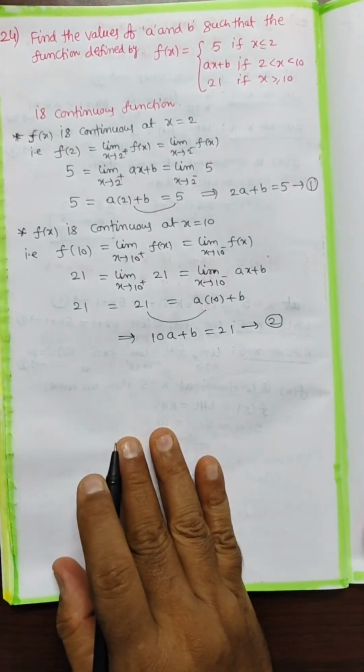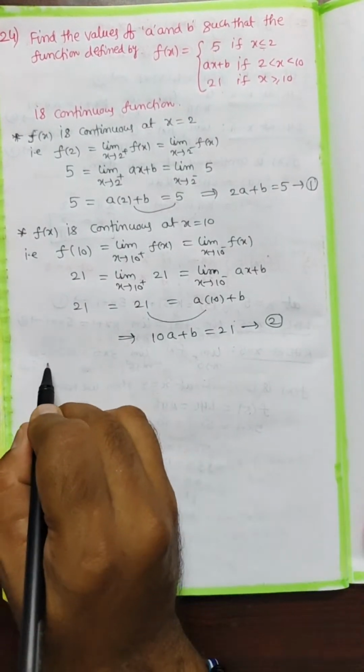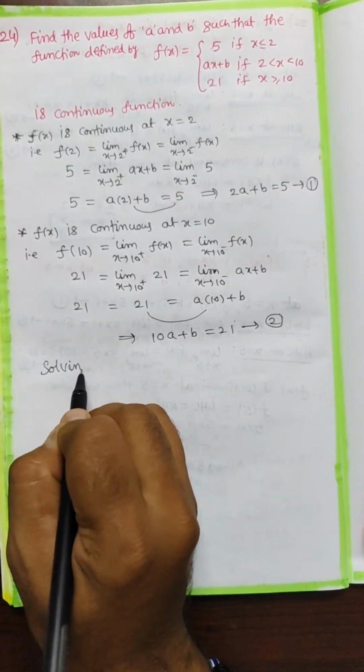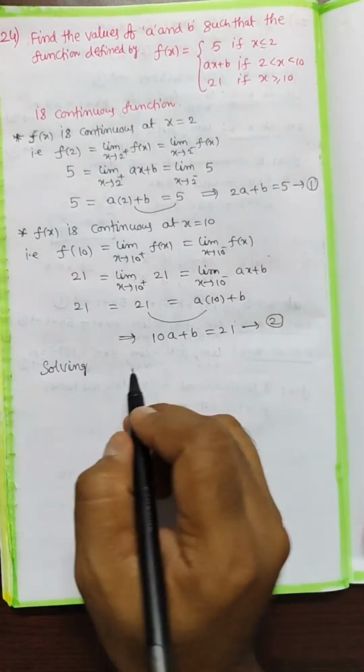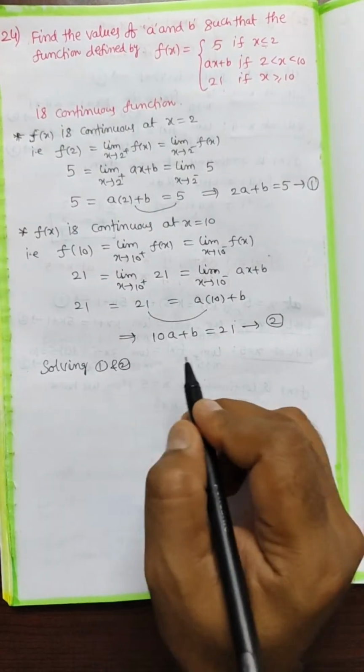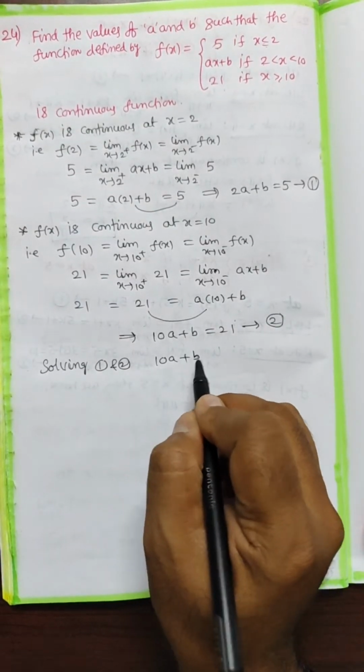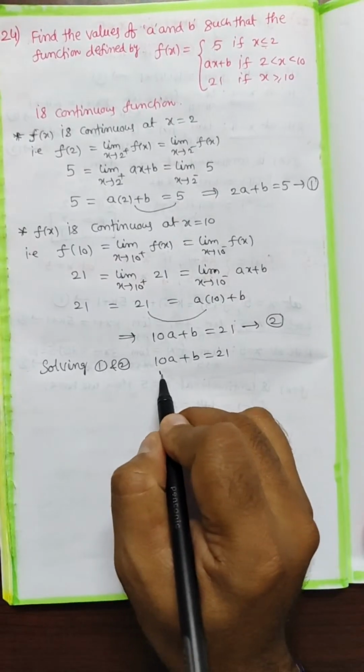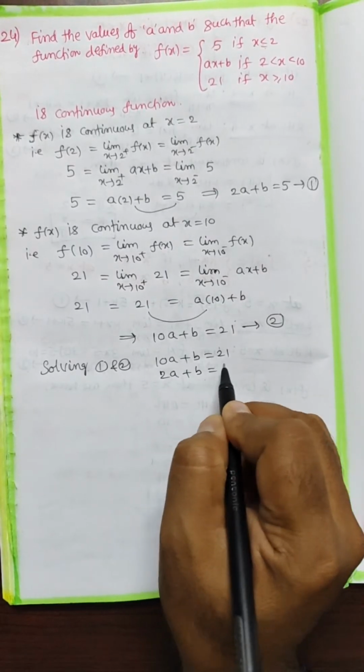Solving 1 and 2: 10a plus b is equal to 21, 2a plus b is equal to 5.